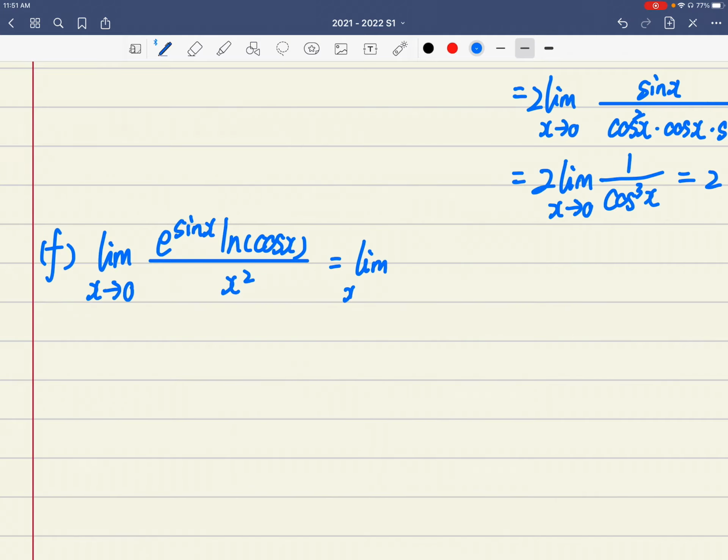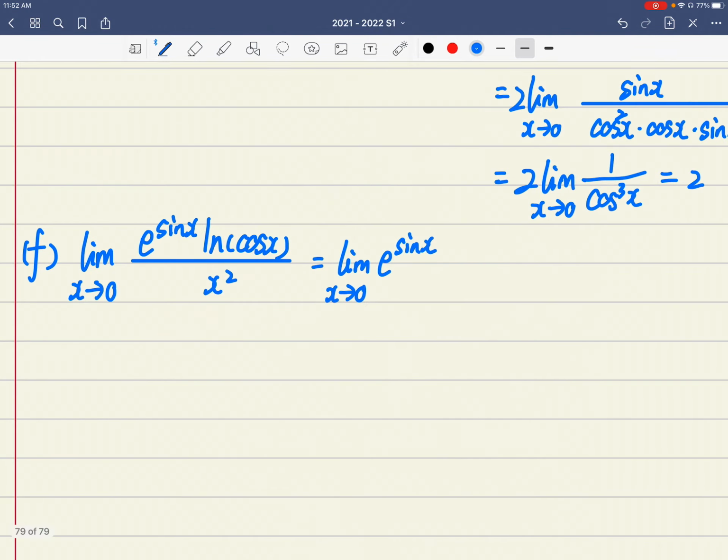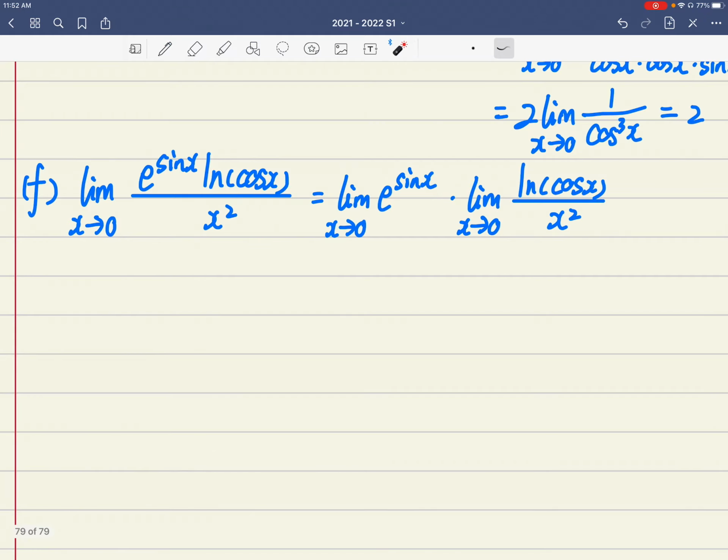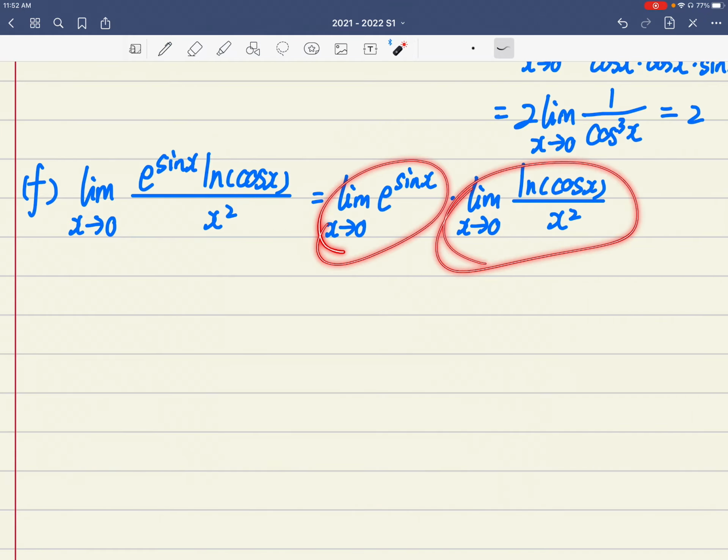So first we can split these two parts, because e to the power of sine x, the result is just e to the power of 0, which is 1. So we can split that part from the rest of the function. We can do this if both limits exist.